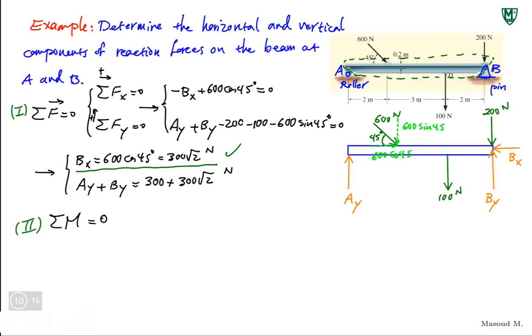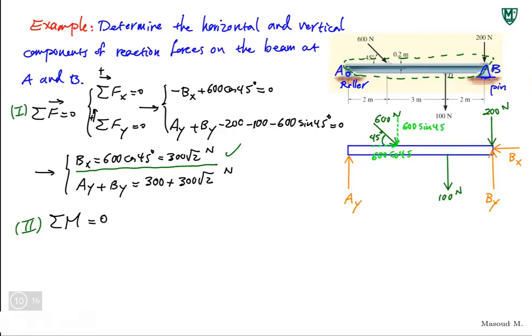But there is a specific spot on this beam that makes your life much easier if you use that. Can someone tell me which point? I can write the moment about any point, but there is one point that makes your life much easier. Richard, yes, it's point B.